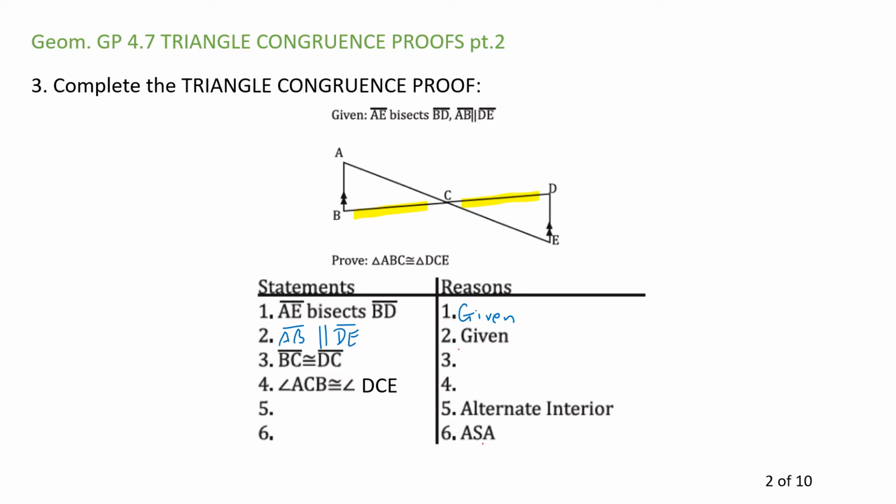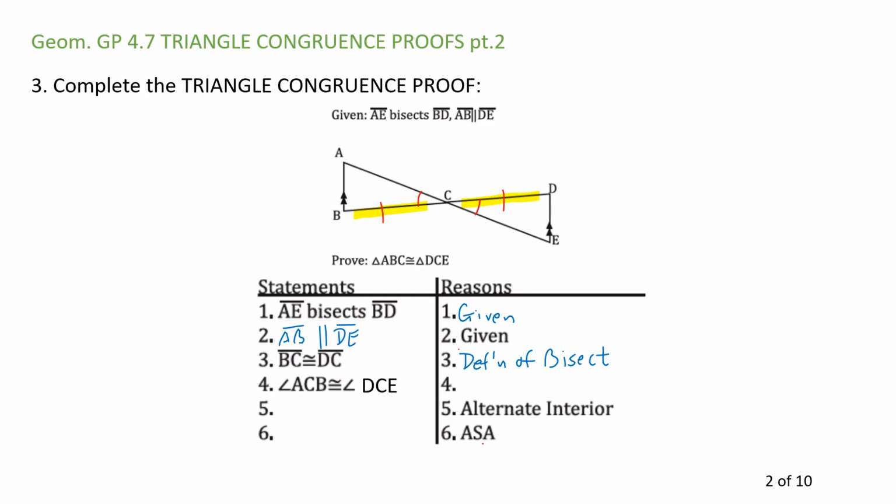I also see that I have a pair of vertical angles. So I'm going to go ahead and put that in the record. BC is congruent to DC. That's because of the definition of bisect. They told me it bisected. That's the definition of bisect.